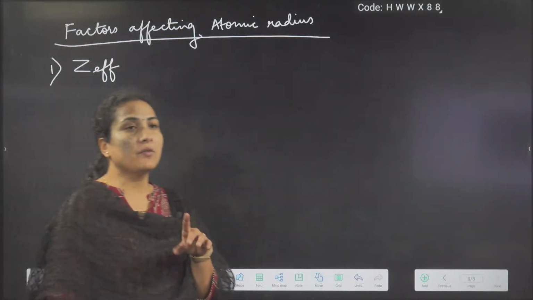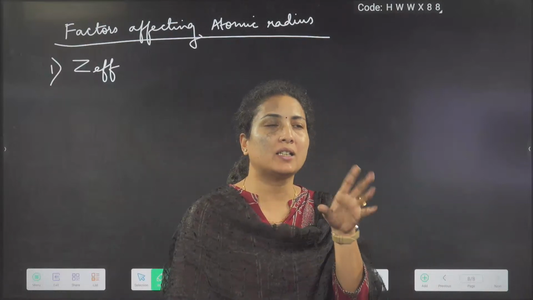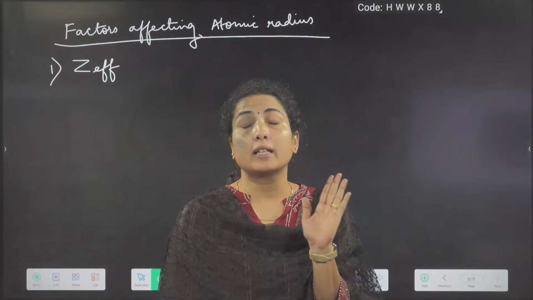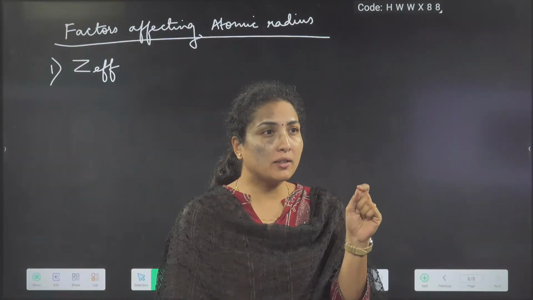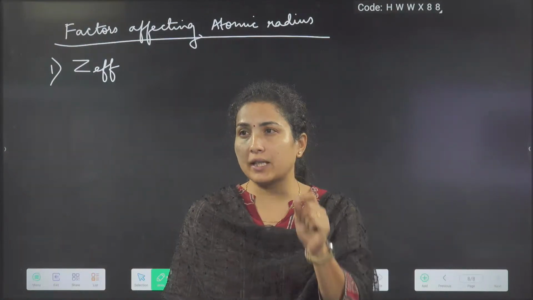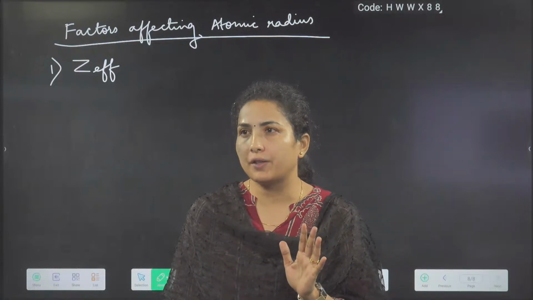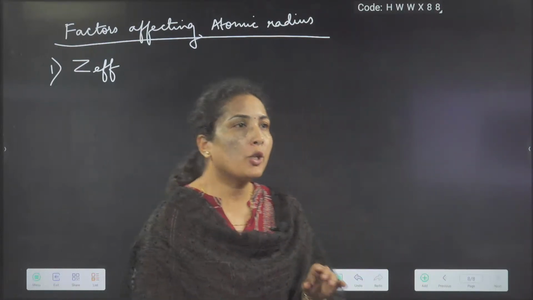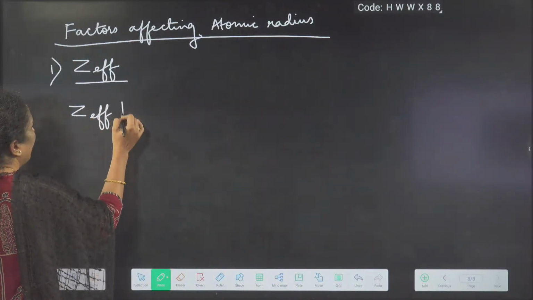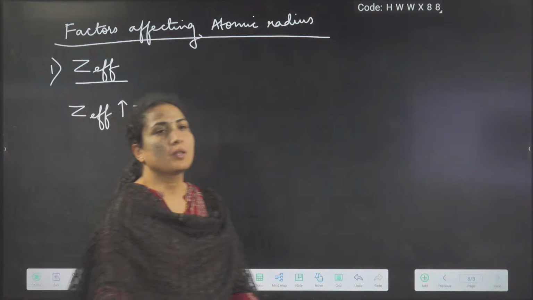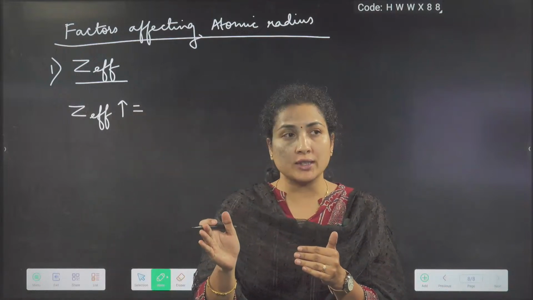Now simply whenever you listen to the word Z effective, only one thing should strike in your mind, that it is nuclear force of attraction, nothing more and nothing less. Are you able to understand that? So if Z effective increases, what is happening? Your nuclear force of attraction is increasing.